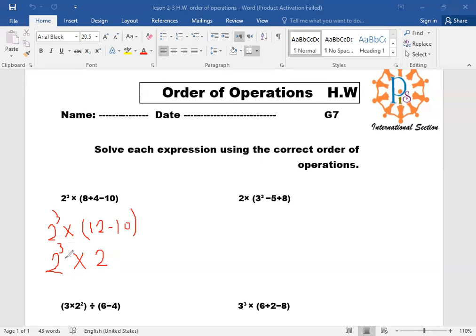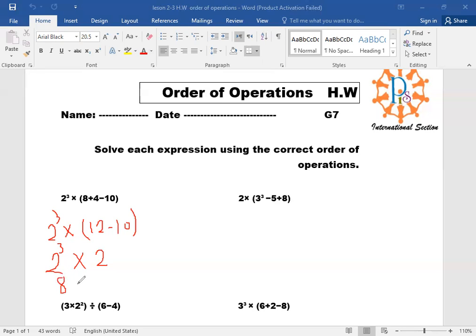Then 2 multiplied by 2 multiplied by 2, right? 2 to the power of 3 means that you multiply the number by itself according to the exponent, which is 3. Then it will be 2 times 2 times 2. It will be 8, exactly.